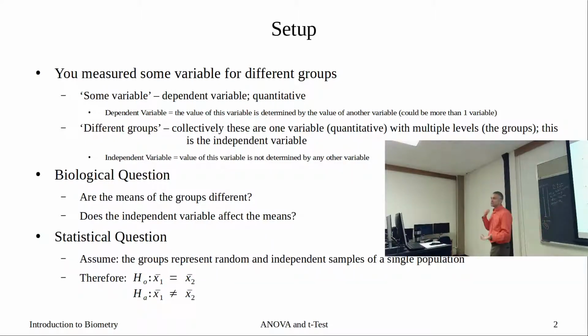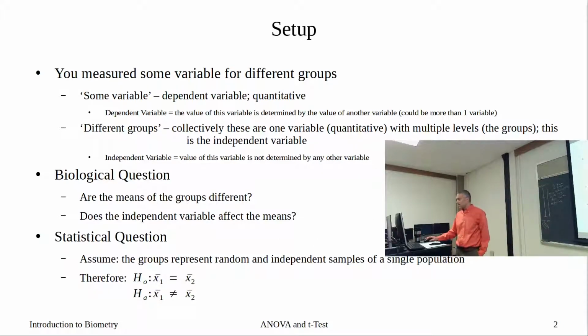Does the building in which these things live affect our overall wing lengths? It means the same thing, because if it does have an effect, then the means of our groups are going to be different. Either way gets to the same statistical question: the means are equal, that's our null hypothesis, or the means are not equal, or at least one mean is not equal to the rest.